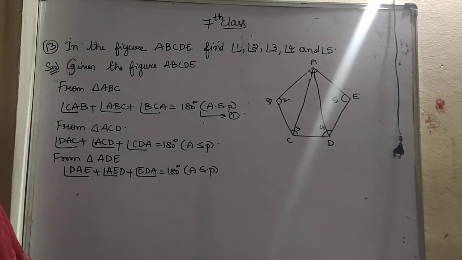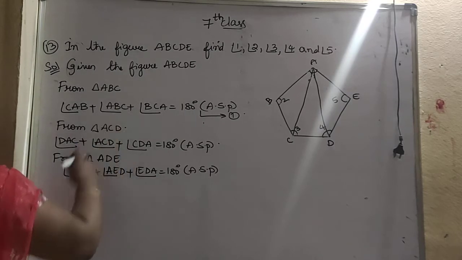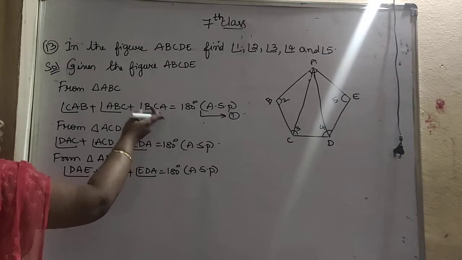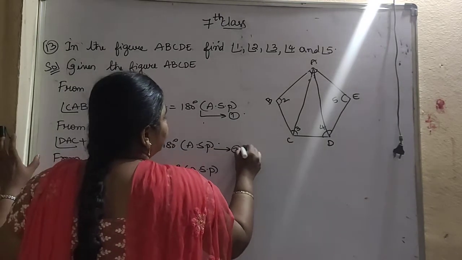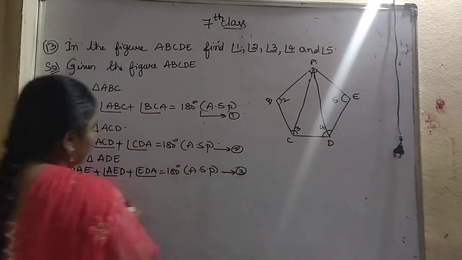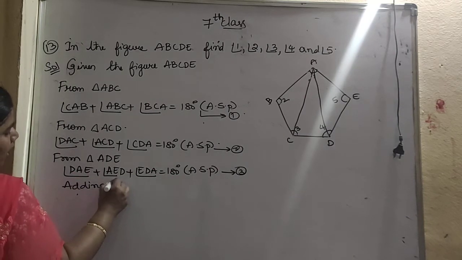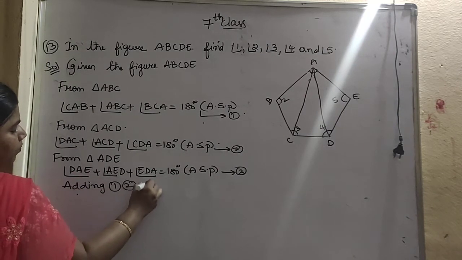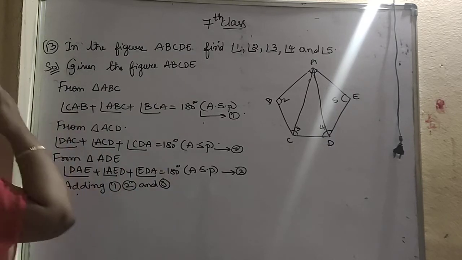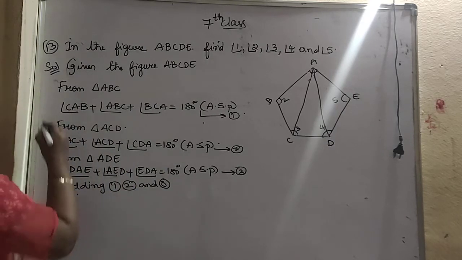So now we have to add all the triangles. All the triangles you add. So the first equation, second equation and third equation we have to add. Adding 1, 2 and 3. So we have to do addition now.